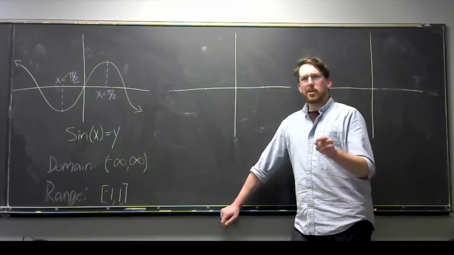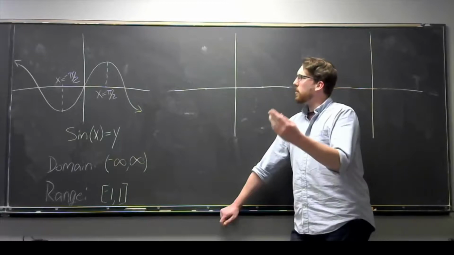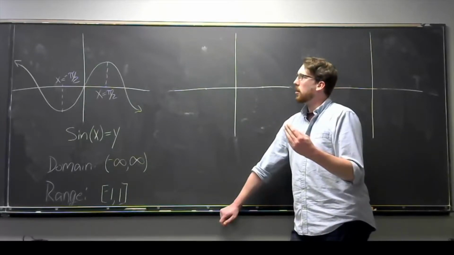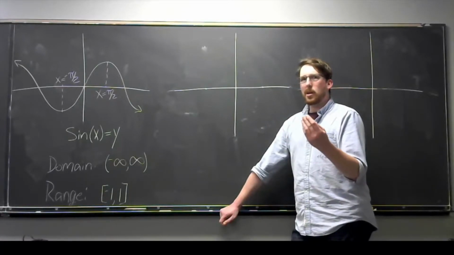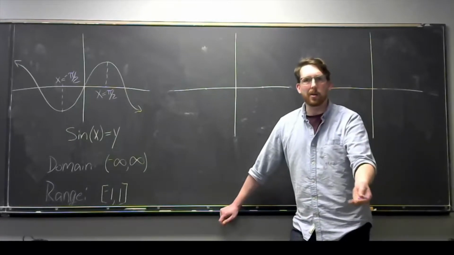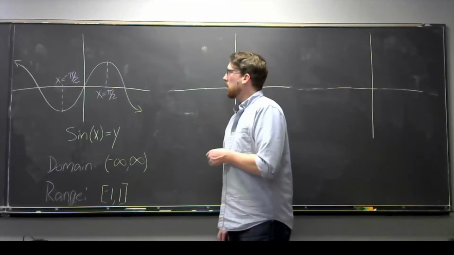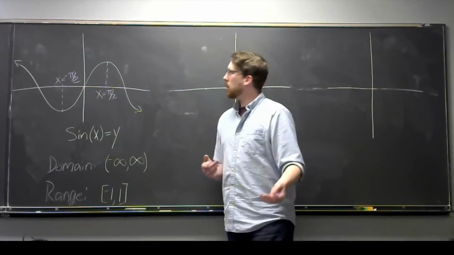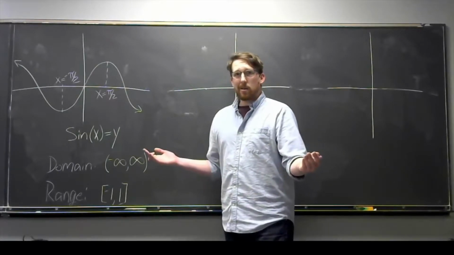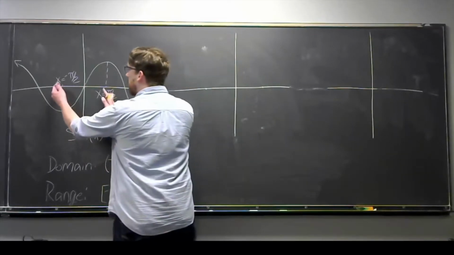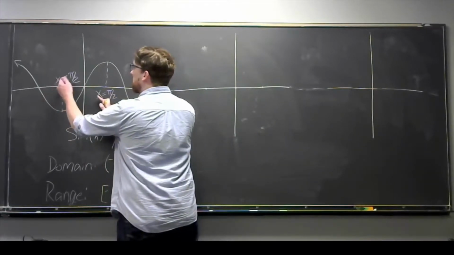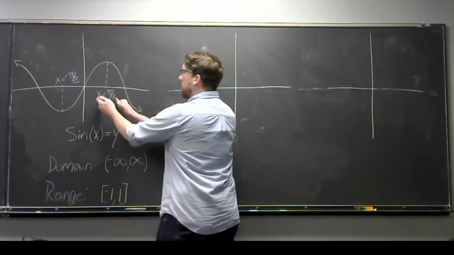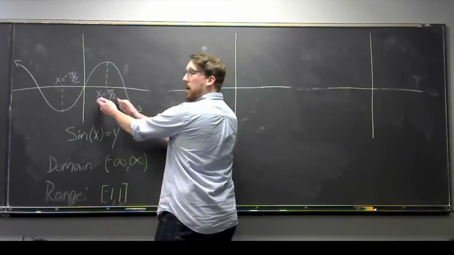If I move a little bit more to the right, I get a y output that I've already had. Well, that's problematic because that means it fails to be injective then. So I guess we just have to restrict ourselves to x equal to negative pi over 2 up to x equal to pi over 2.